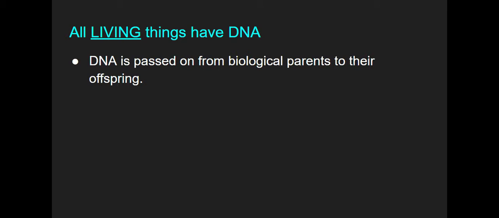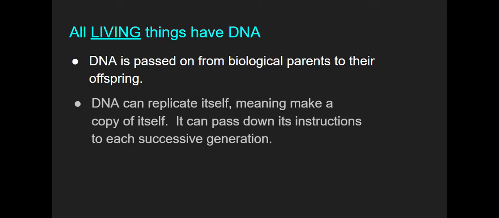These are the two people that you came from, and you are their offspring, meaning they reproduced you, okay? You are their child. DNA can replicate itself, meaning it can make a copy of itself. And this is how it's passed down to generations. When it makes a copy of itself, it passes down those instructions from generation to generation.